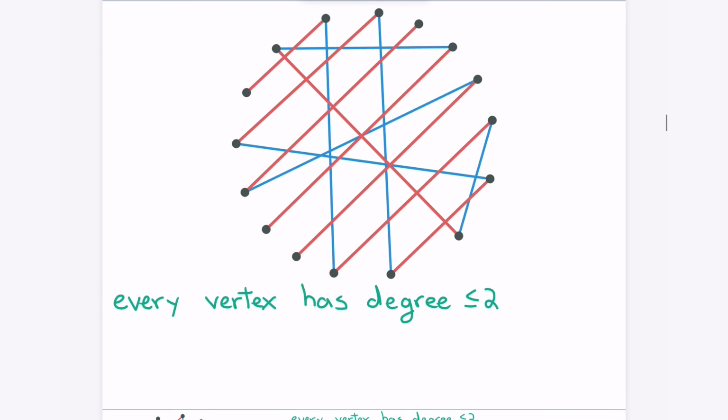Now, if you have an undirected graph where all the degrees are at most two, what would be an example of something with degree at most two? A cycle. That would be degree two. What would be another example?